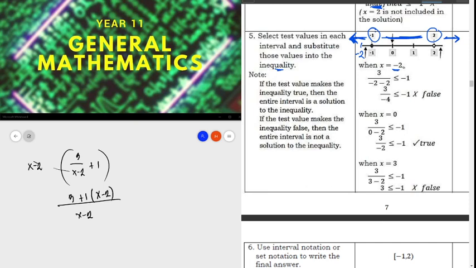That's why we have here x equals negative 2. X equals negative 2 represents the left side, that is less than negative 1. X equals 0 represents the center, in between negative 1 and 2. This x equals 3 represents a number greater than 2.